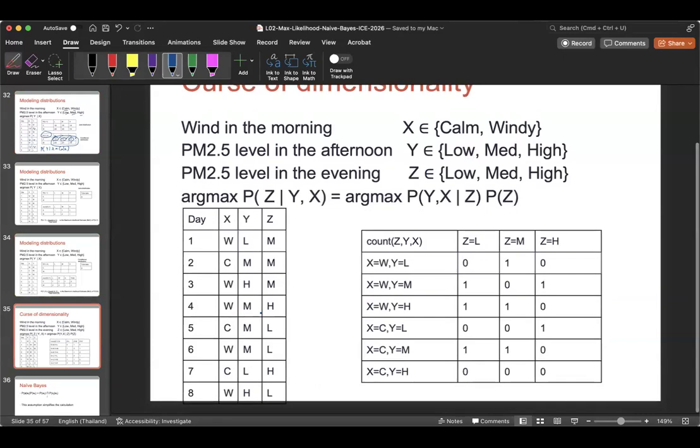So let's say now I want to predict the PM in the evening. So I want to predict Z. My input is the wind in the morning and PM in the afternoon.